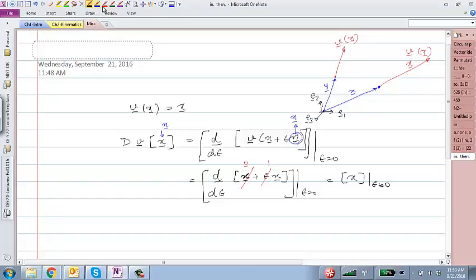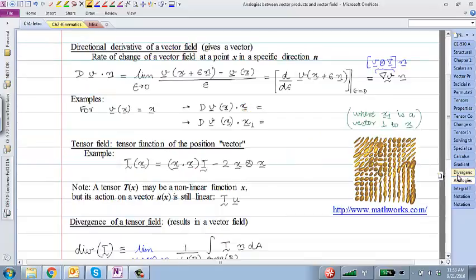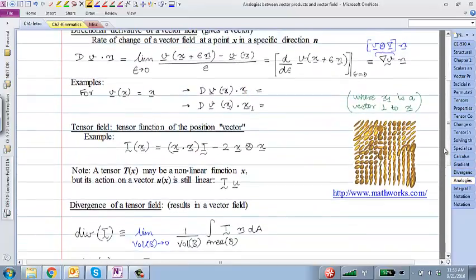Since this does not depend upon epsilon at all, this is not needed. And what we get is that the derivative of the vector field x in the direction x is just x. So the first one here turns out to be just x.